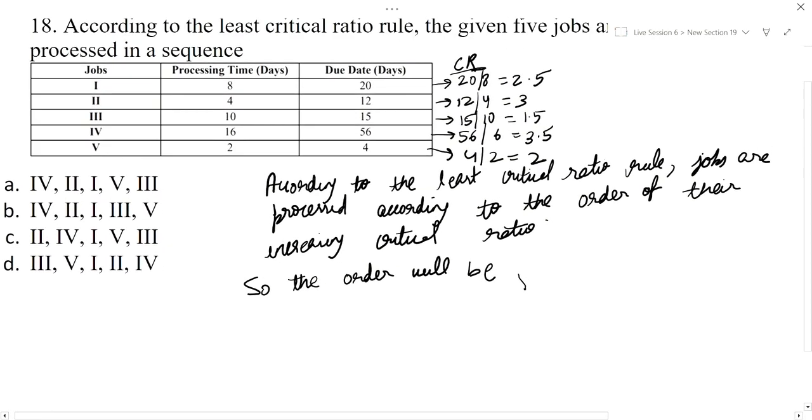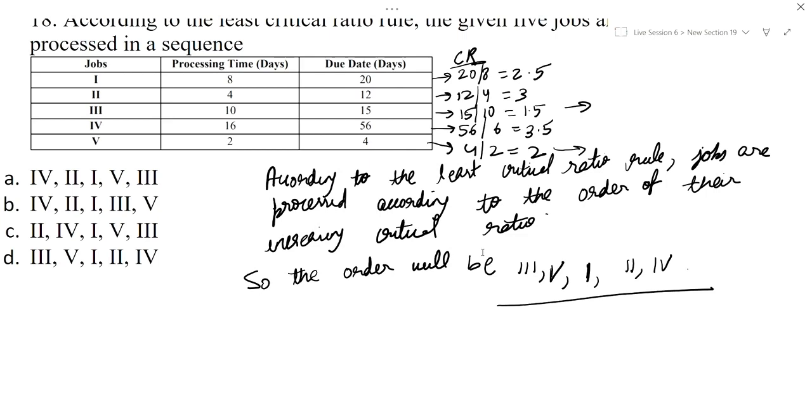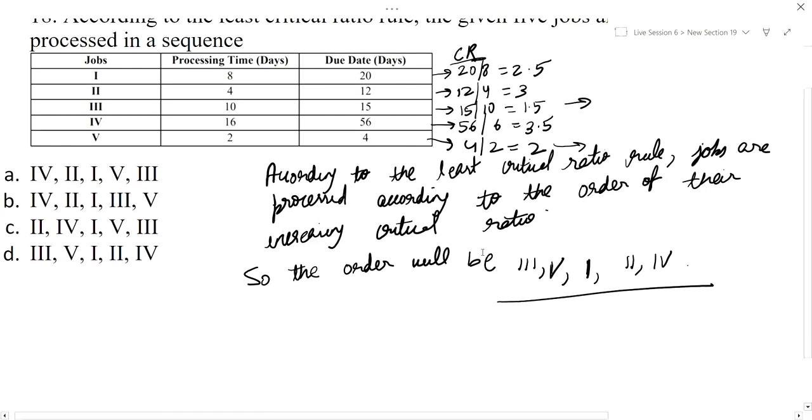The order will be 3, 5, 1, 2 and 4. Corresponding critical ratios I will write below.